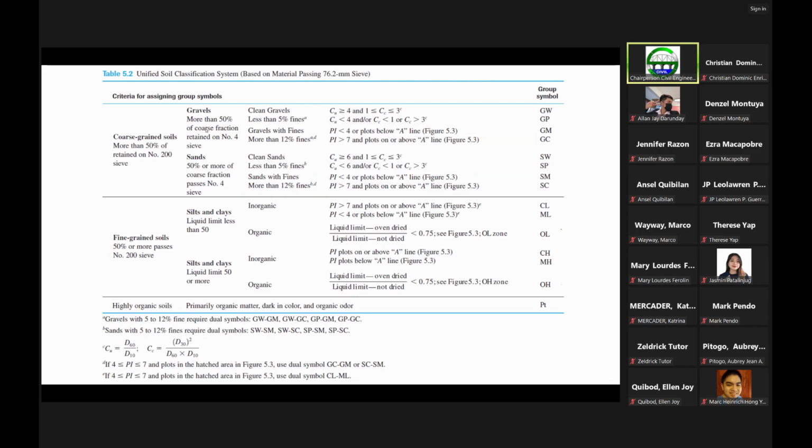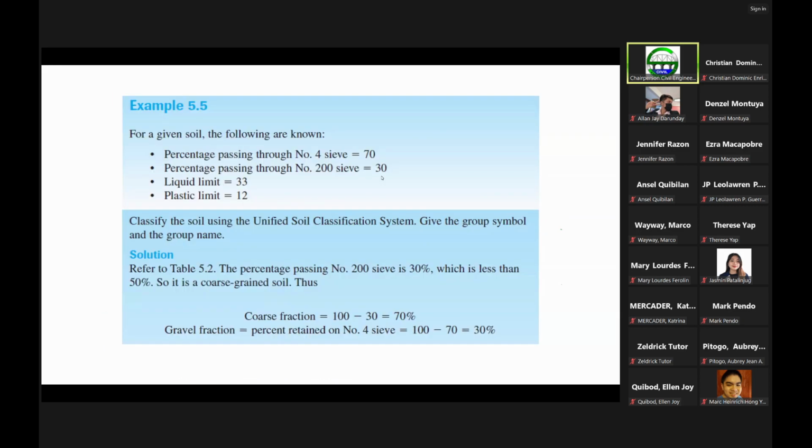Here, since we already know that this is coarse grain soils, we need to know if we have gravels or sands. So let's check the coarse fraction retained on number 4 sieve.